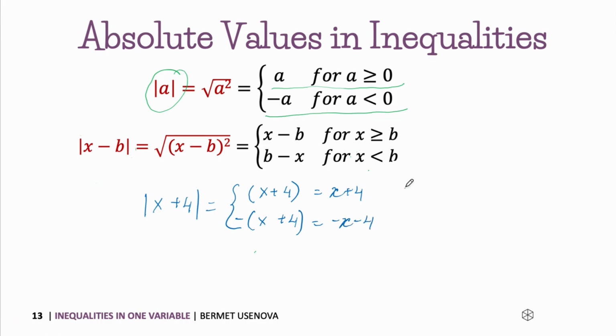The first will be true if x plus 4 is larger than or equal to 0, and the second case is if x plus 4 is smaller than 0. Or we can also write it, if we move 4 here, as: if x is larger than minus 4, or if x is smaller than minus 4. So when dealing with absolute values, we will always distinguish two cases.